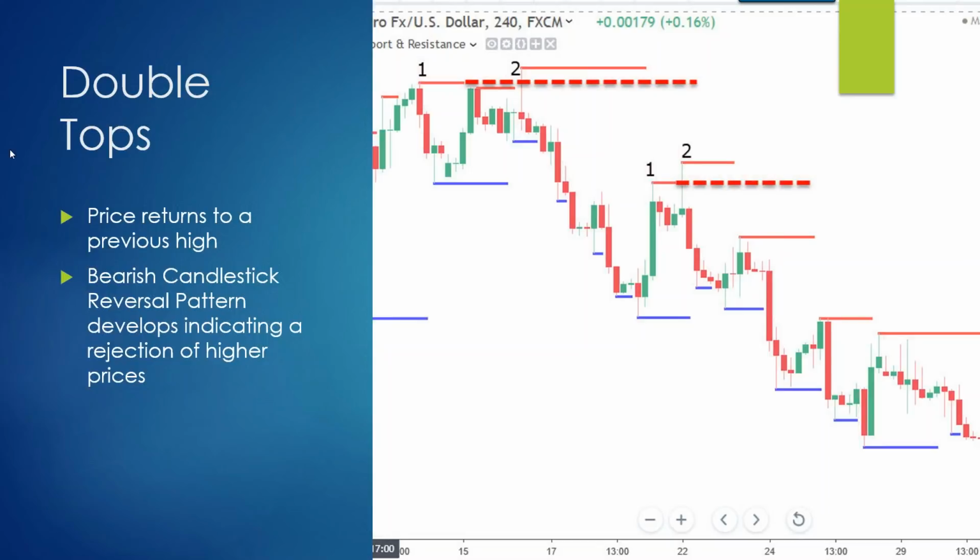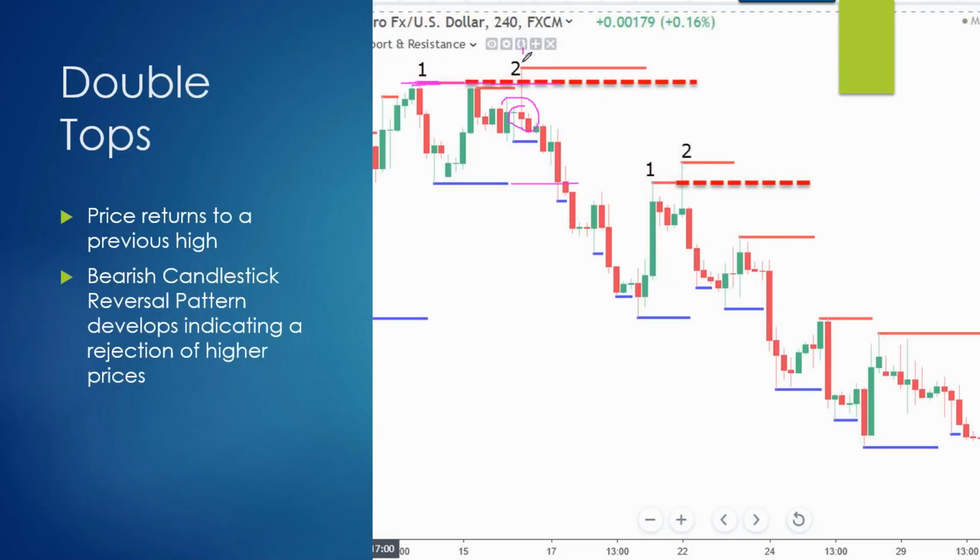Now, on the double tops, okay? Double tops are really easy for me because I have an indicator that just plots the high, okay? And anytime it comes back and it tests that high, but it closes under it, okay, that's called a rejection, okay? That means that they don't have enough power to close above it. Normally, it will at least go down and take out the previous low, okay?